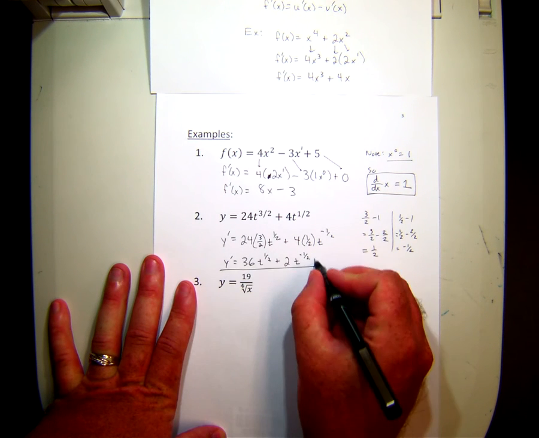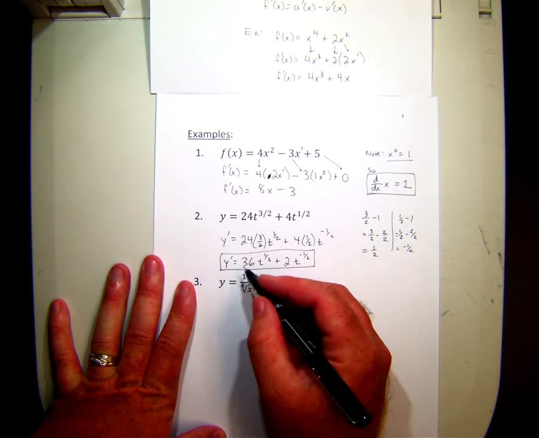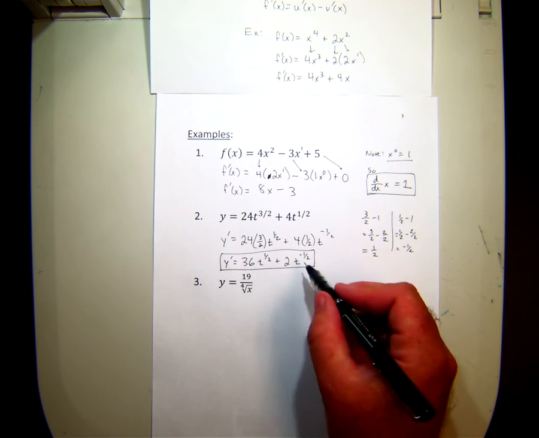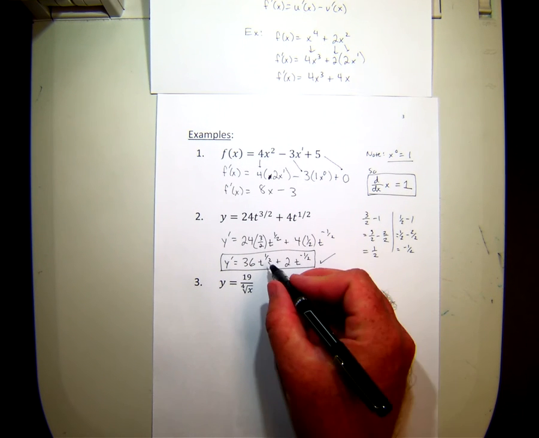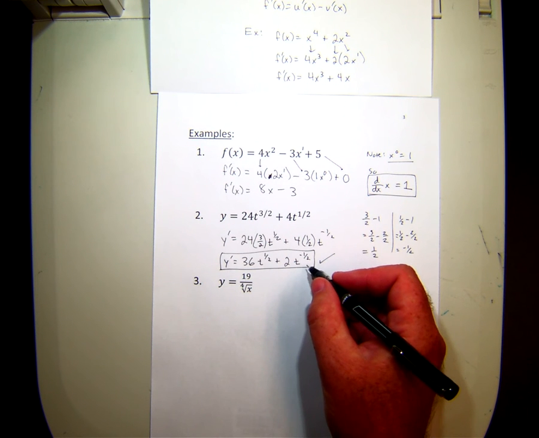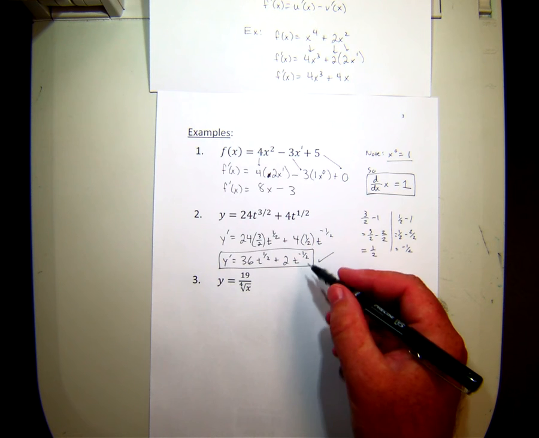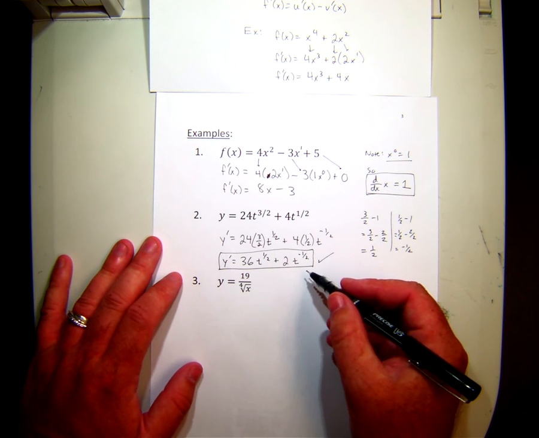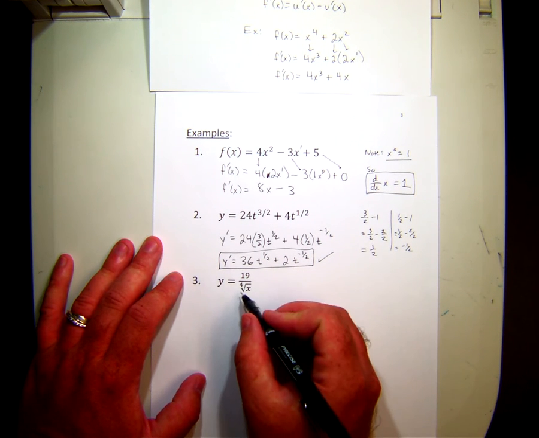Now in calculus, if all I want is the derivative, it's okay to leave it like this. It's okay to leave the exponents as fractions and even negative exponents, because I'm not going to care that you need to simplify this. For some problems later on, we may need to simplify this, but we'll leave it right here for now.